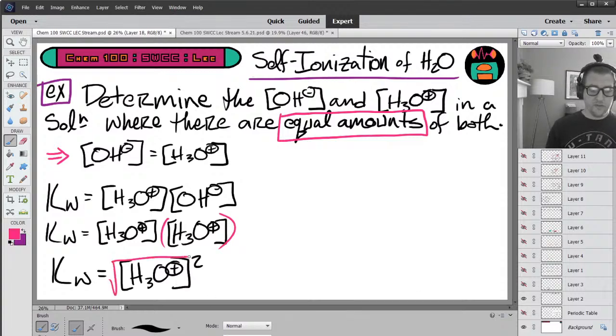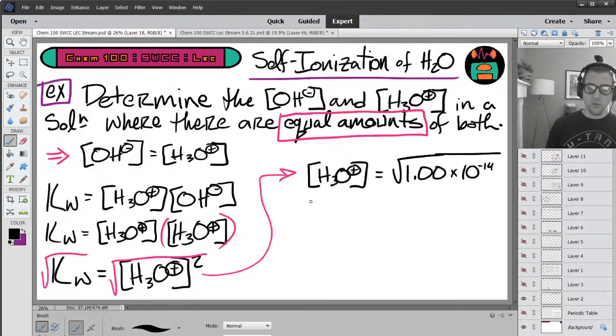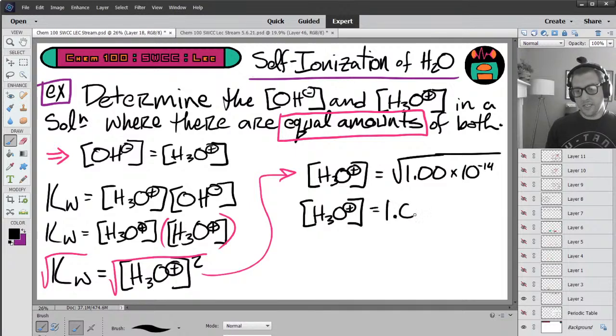And we can solve for the concentration of hydronium if we take the square root of both sides. So the concentration of hydronium would be equal to the square root of Kw, which turns out to be 1.00 times 10 to the negative 7 molar.